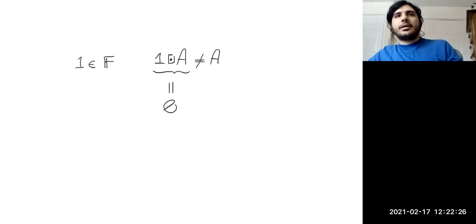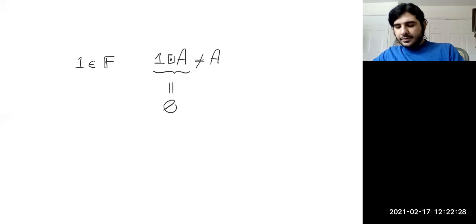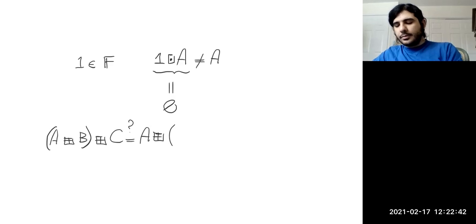Let's look at some other things. For example, let's see if we have associativity here or not. Let's see if (a plus b) plus c is equal to a plus (b plus c). Now, a plus b is 1/2 times (ab plus ba).